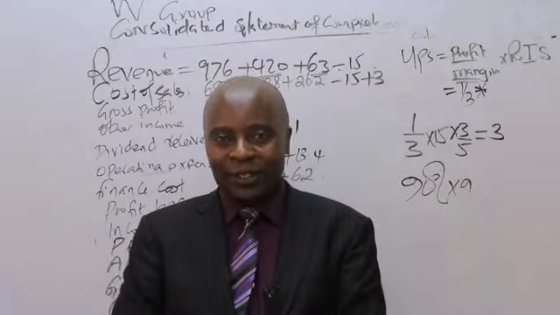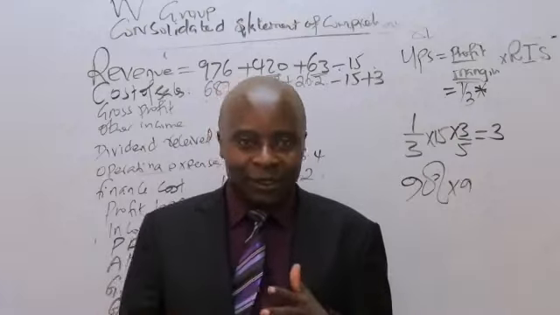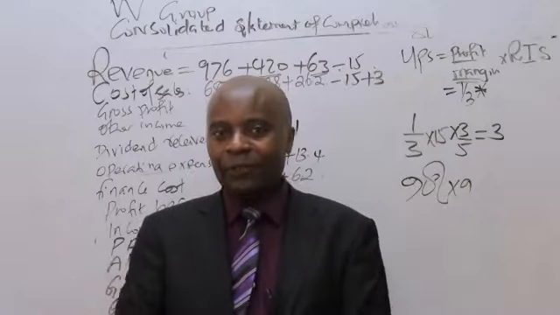So the question is, ladies and gentlemen, this money that we borrowed was given to our subsidiary. I don't know what your understanding is. Will this be an internal arrangement or an external arrangement?